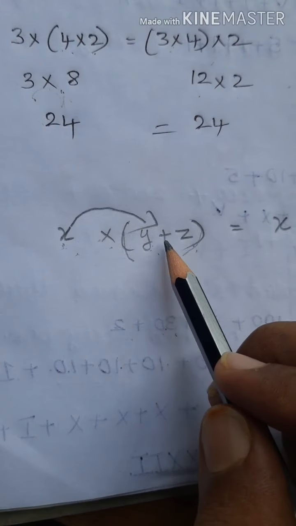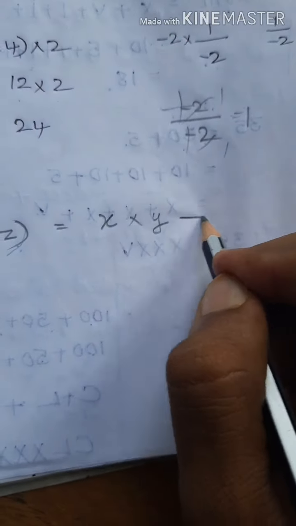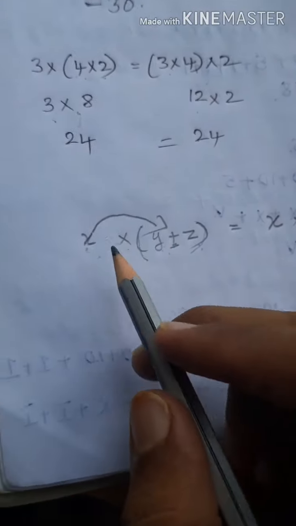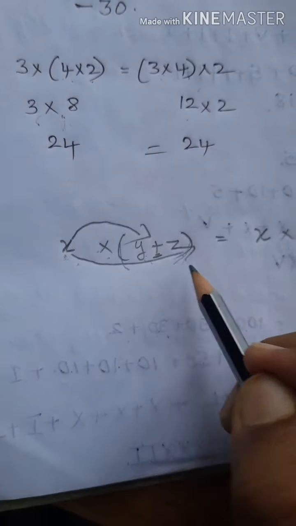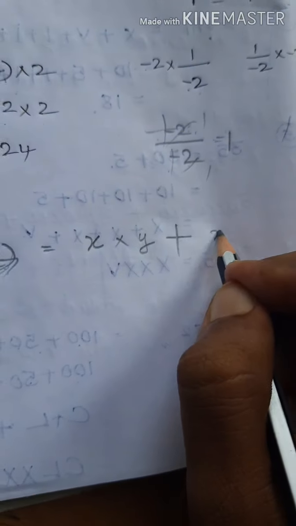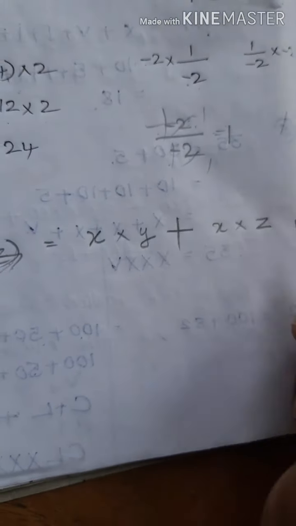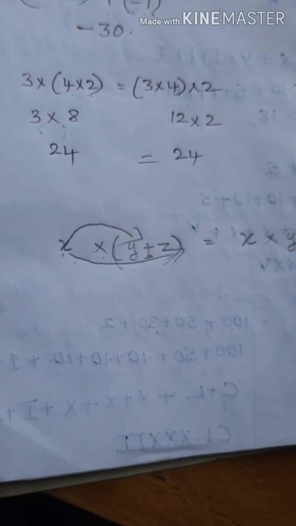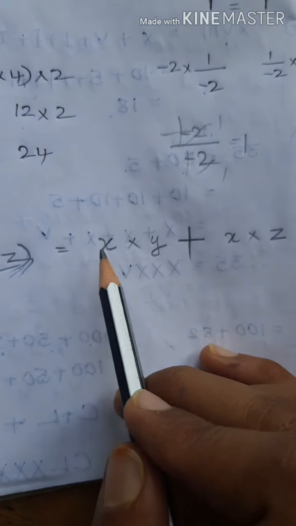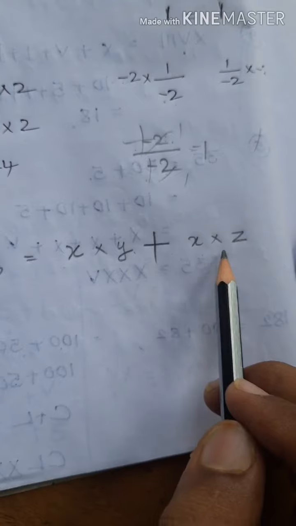Understood? Then what is here? Plus symbol. Here I have to put plus symbol. Then again you take x, multiply with z. So what will I get? x into z. So x into y plus z, I can write as x into y plus x into z.